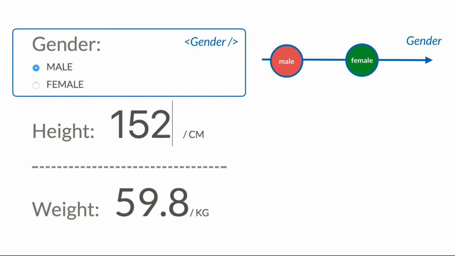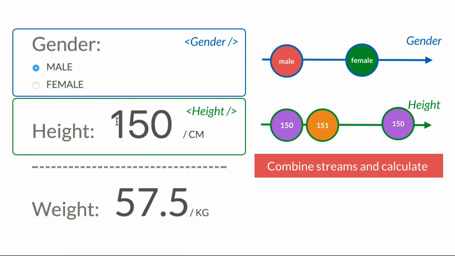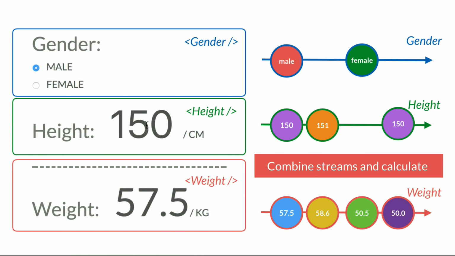We have a gender component which looks like a gender stream, which can receive male and female values. Also we have the height component which can receive a number, our height. And after that we have the magic block, like combined streams calculation, which will return us a new stream, the weight stream, with our weight value.